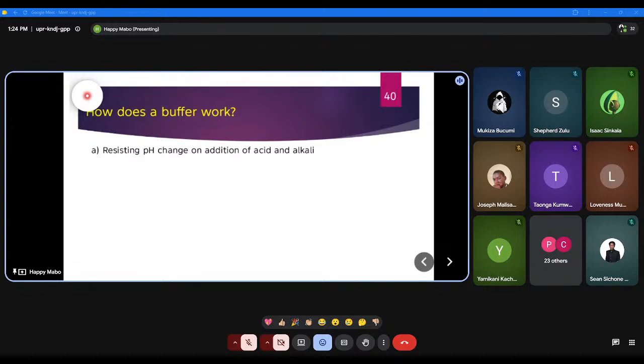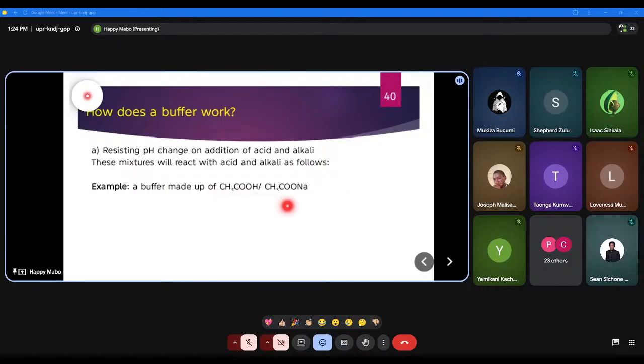These mixtures will react with acid and alkali as follows. We want to see how this takes place. For example, when you have a buffer made up of acetic acid and sodium acetate, how is it going to resist changes in pH?